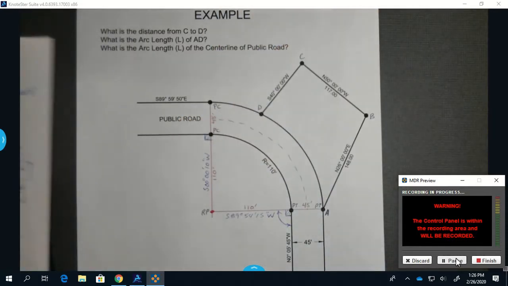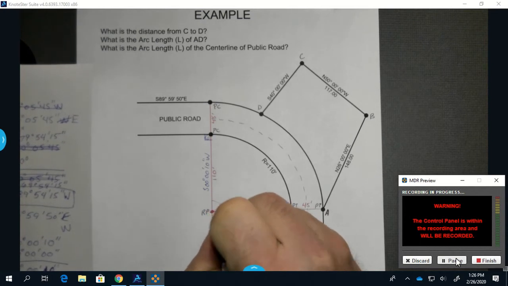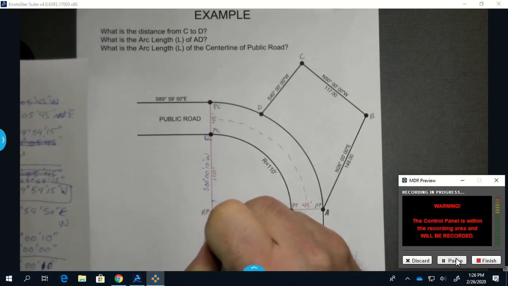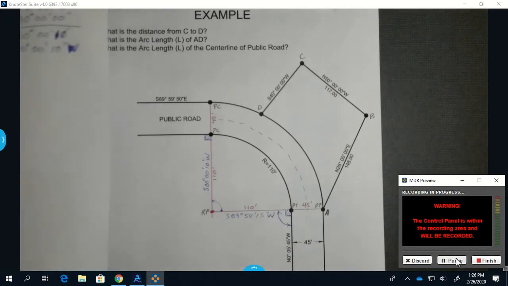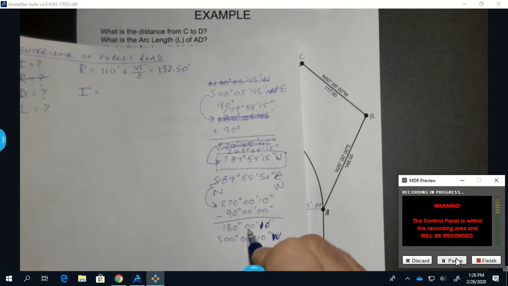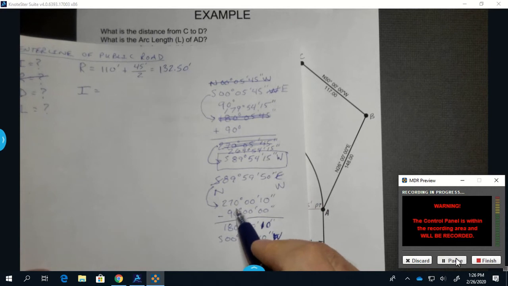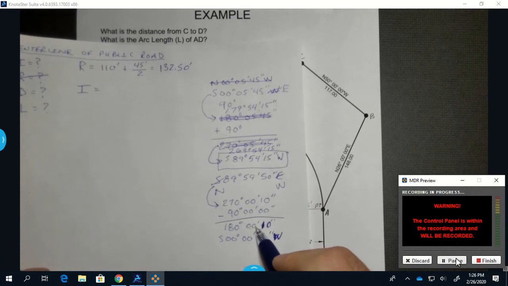All right, so let's figure out this angle here then. This full angle. Okay? Well, that's easy to do because I already figured out my azimuths of both of those. I have the 269, 54, 15, and I have the 180, 00, 10.